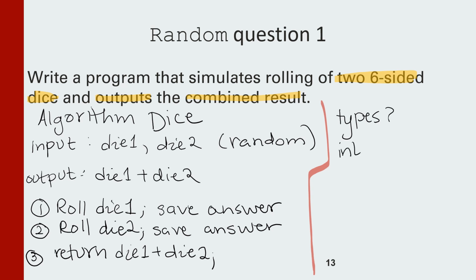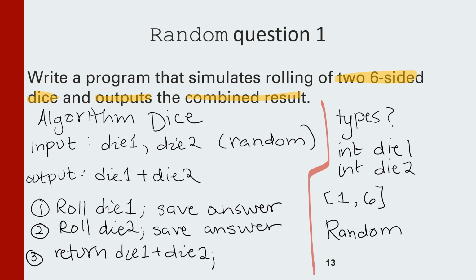So I probably want int die 1 and int die 2. And I know that they're 6-sided, so I do want a number that's between 1 and 6 inclusive. And I know that I can use the random class to do that.